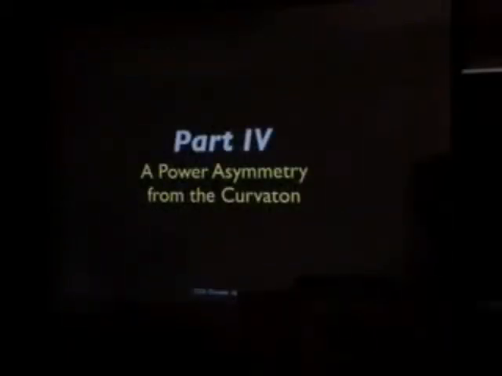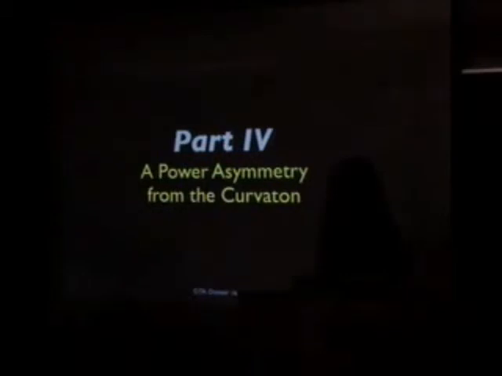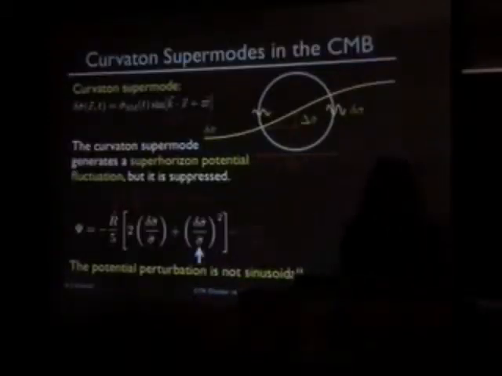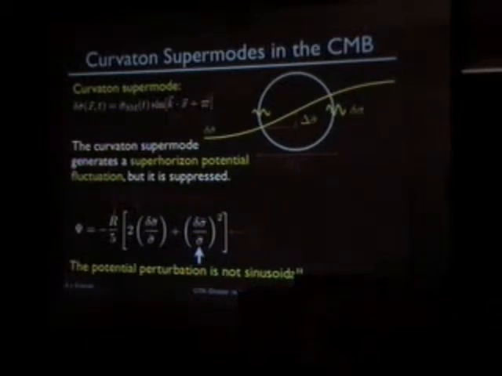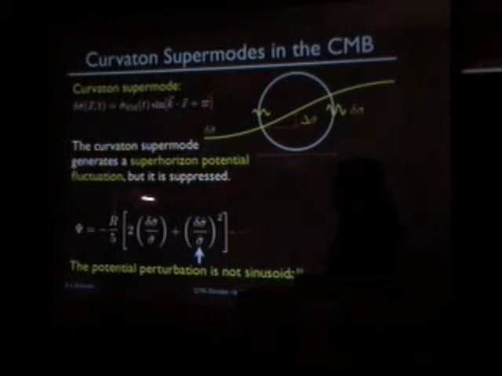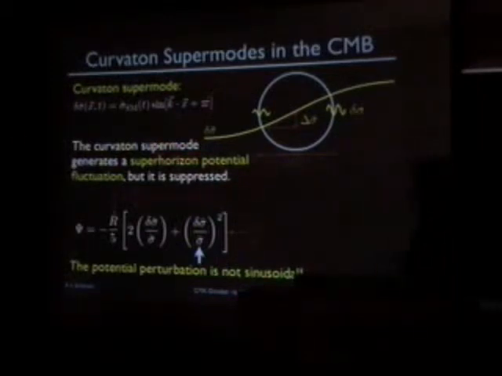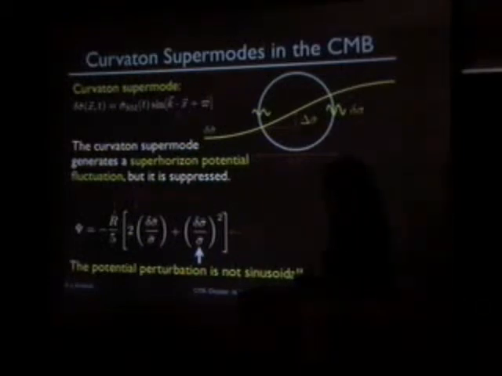So this power asymmetry that you pick up from the Curvaton, what does it look like, and what are the constraints on it? So we have to worry about the CMB constraints again. This Curvaton supermode will still generate a superhorizon potential fluctuation, but it's going to be suppressed relative to what we had before.